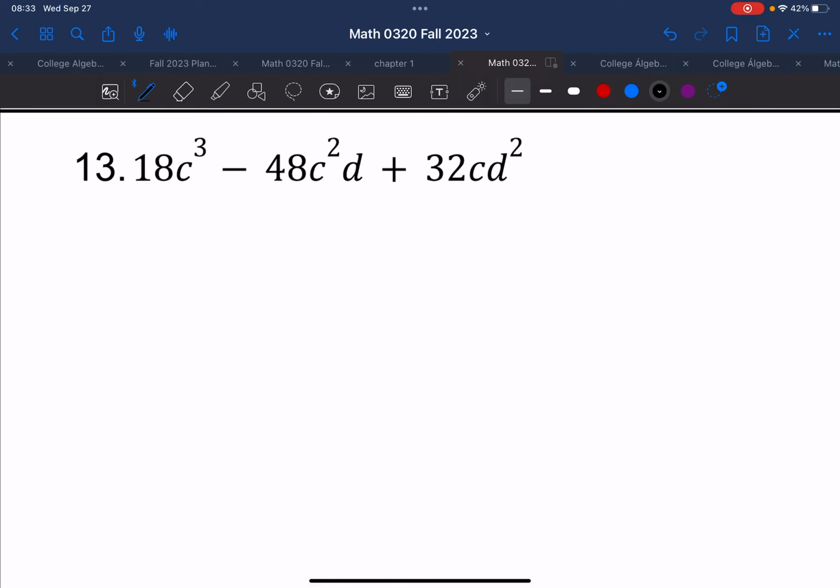Okay, now on 13. Our first thing is to see if our first and last terms are positive. Is that true? Yes, because 18 and 32 are both positive. Then we're checking to see if they are perfect squares. Yes or no?